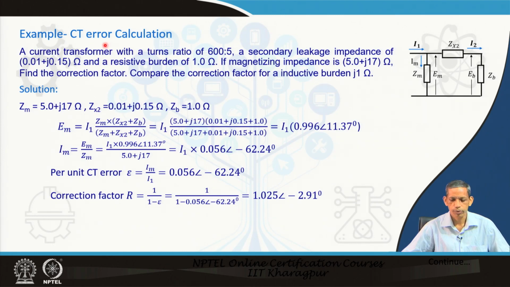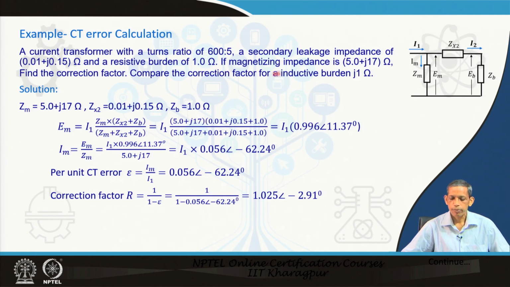Now, let us take an example. A current transformer with a turns ratio of 600:5, that is 1:200 in number of turns, a secondary leakage impedance of 0.01 plus j 0.15 ohm and a resistive burden of 1 ohm.